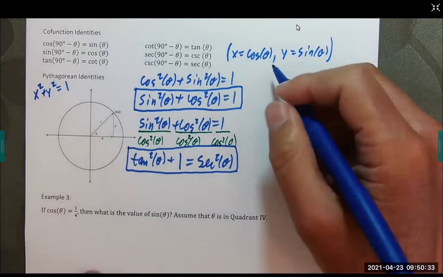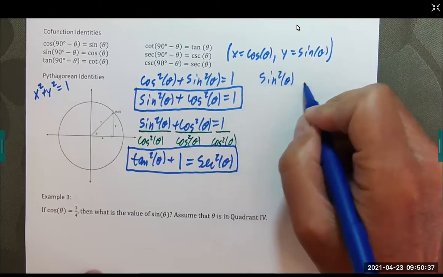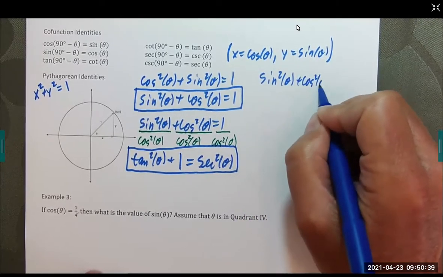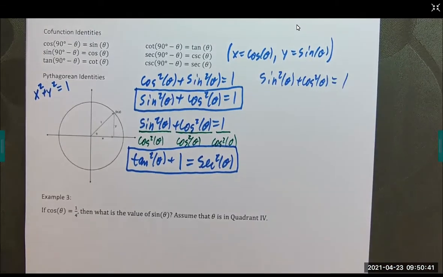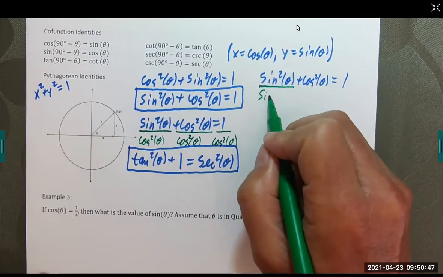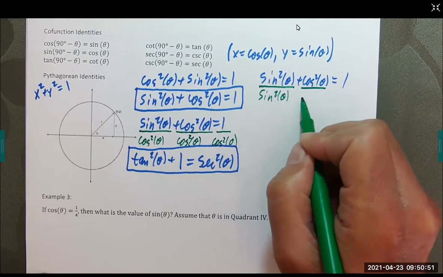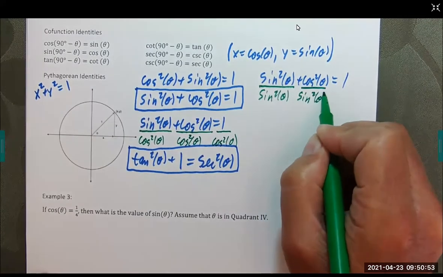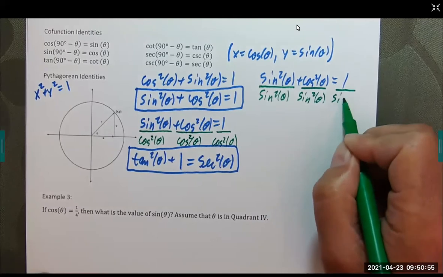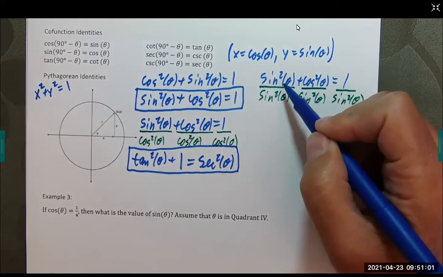Our third one, again, I'm going to rewrite: sine squared theta plus cosine squared theta equals 1. In this case, I divided by cosine. However, if I divide by sine squared theta, we get sine squared theta over sine squared theta, that's 1.